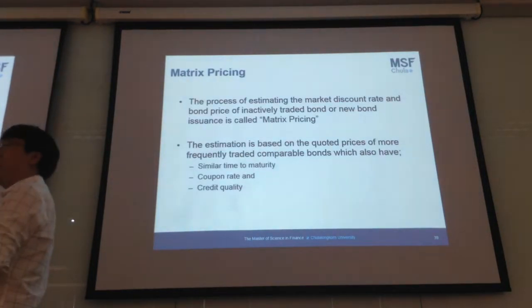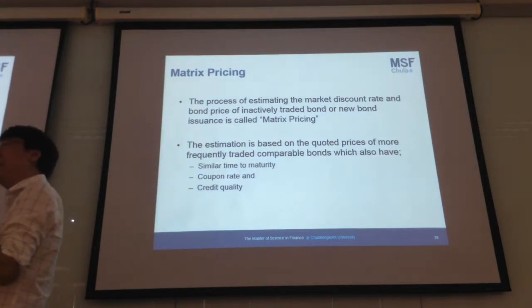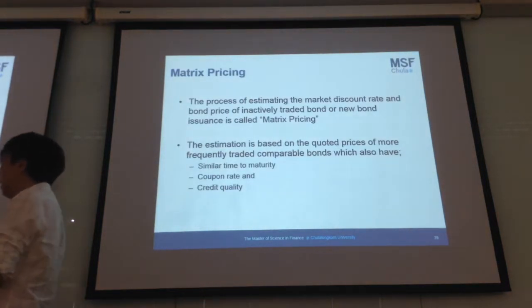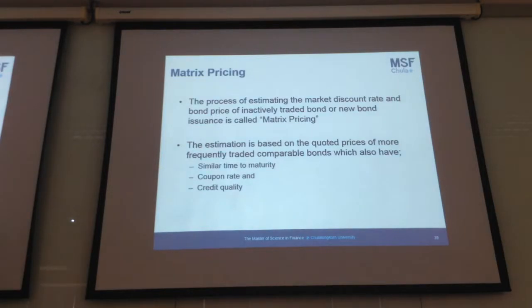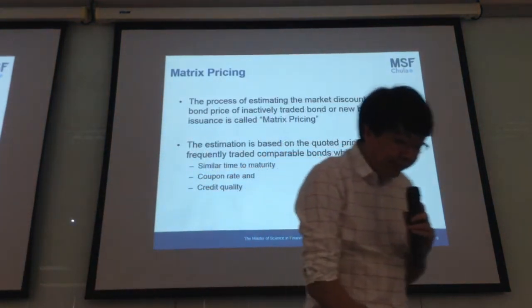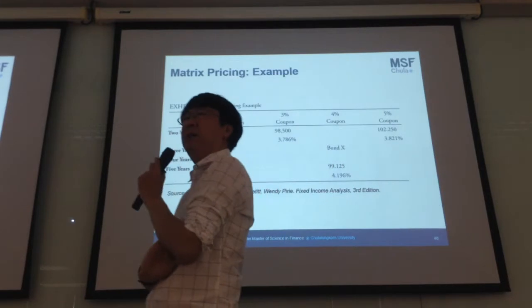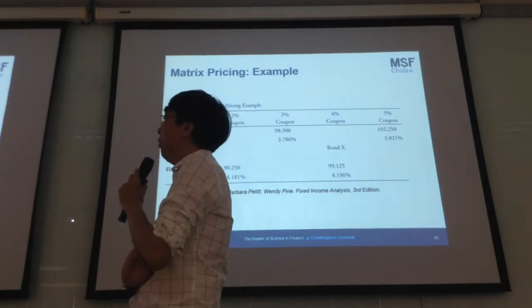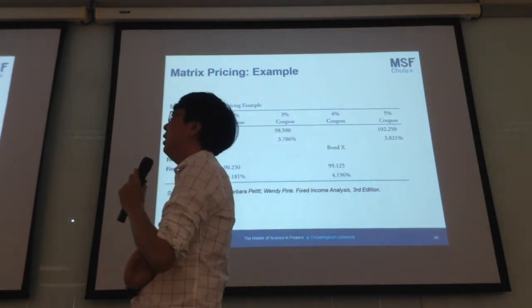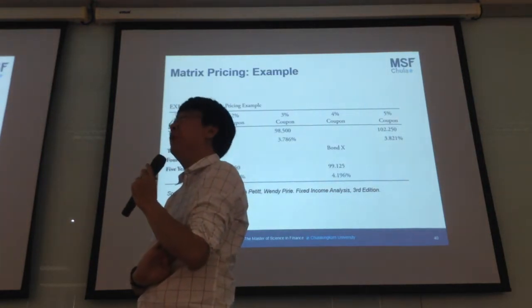The idea is quite straightforward. We obtain the data of other bonds that have similar characteristics, like the same maturity, same coupon rate, or same credit quality. Based on other bonds that we can obtain data for, we try to come up with the indicative price or indicative yield for some certain bond.